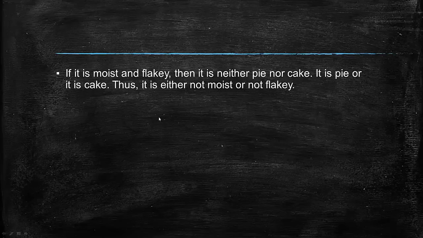Premise 1: if it is moist and flaky, then it is neither pie nor cake. Then it is not pie and it is not cake. Right? If it is moist and flaky, then it is neither pie nor cake.